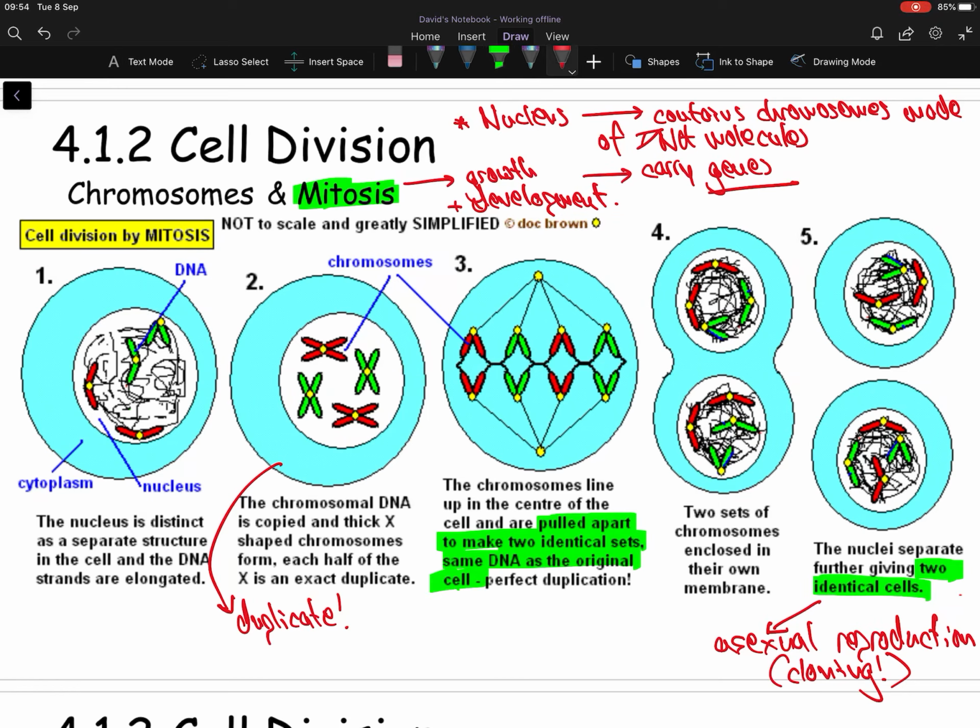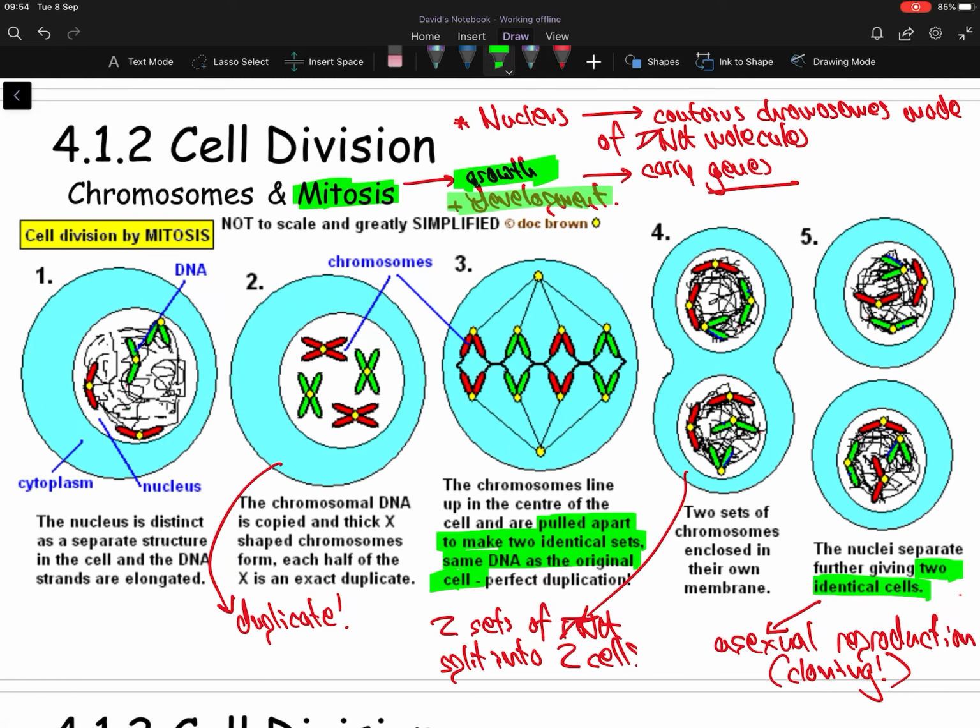And then finally, two sets of DNA split into two cells.